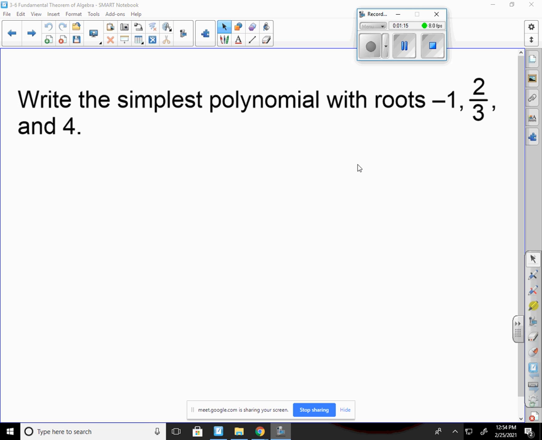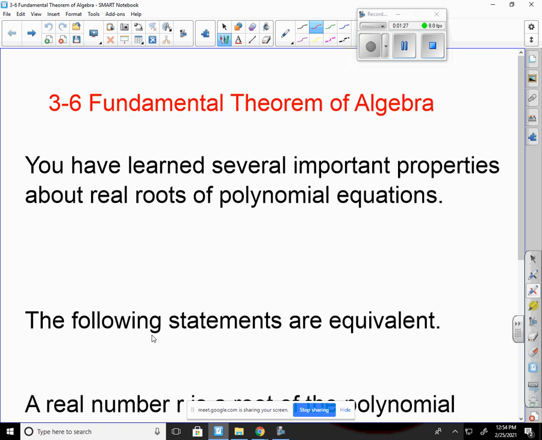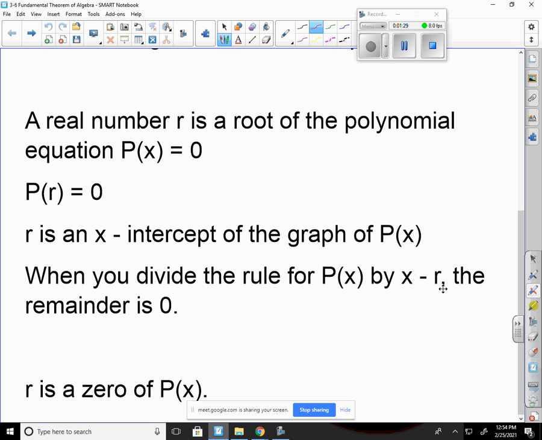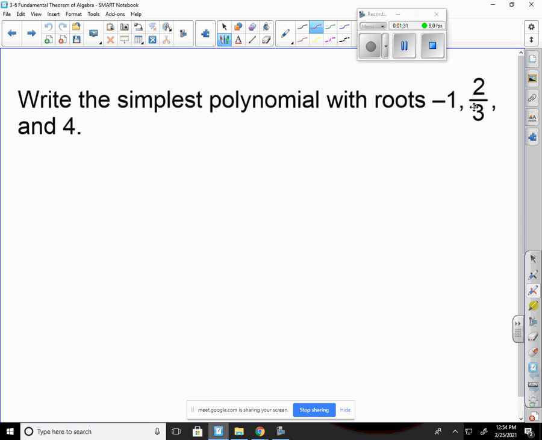So let's write the simplest polynomial with roots -1, 2/3, and 4. In order to do that, we can start by looking back at this part of it, where it would have been x minus r. And we would know that x minus -1 would be one of our roots.